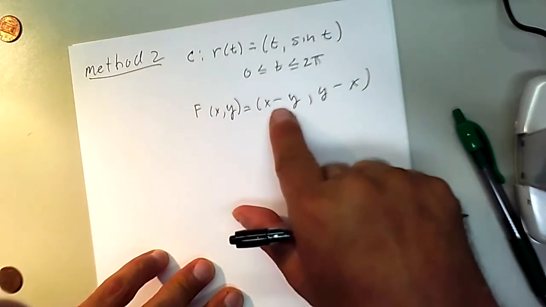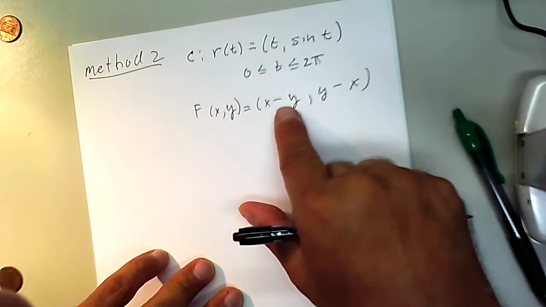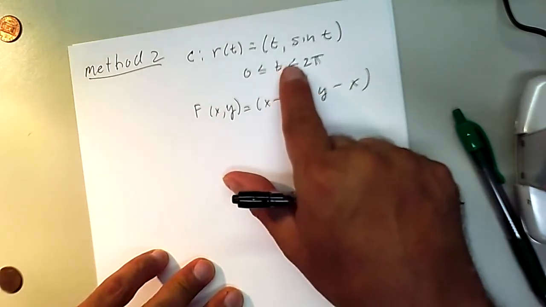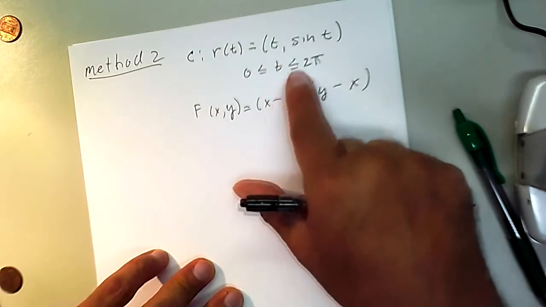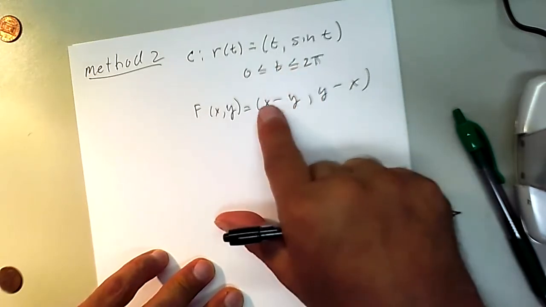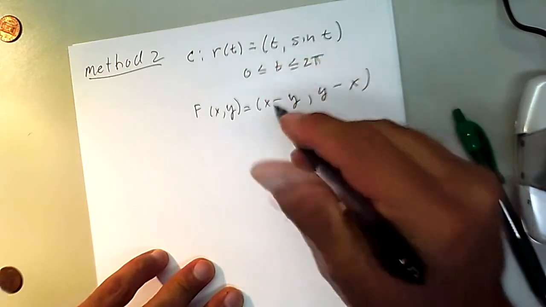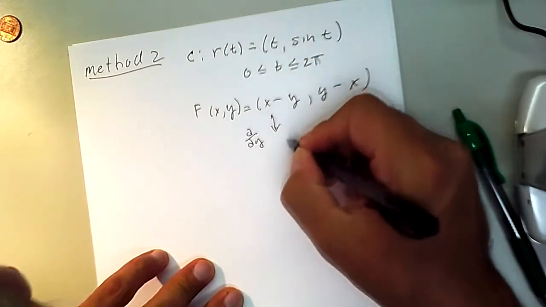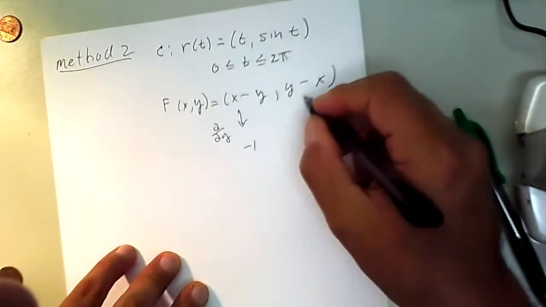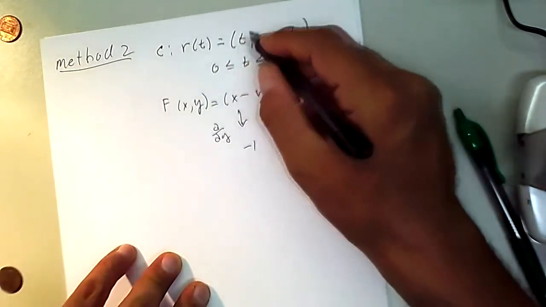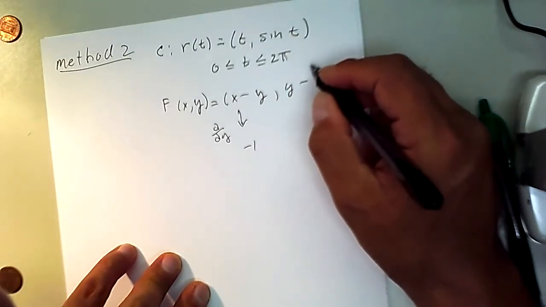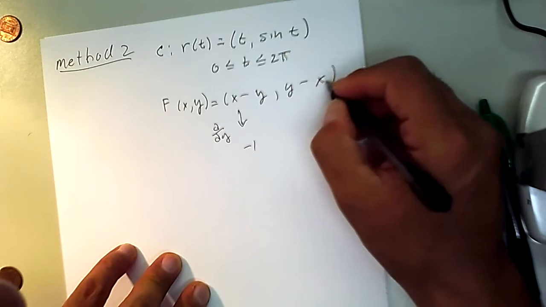So anyway, the test is, well, if this came from a source function, and this was the derivative of that source function with respect to x, if we do the derivative with respect to y of this, we end up with -1. That source function, not this one, but some source function whose derivative with respect to y gives us this.